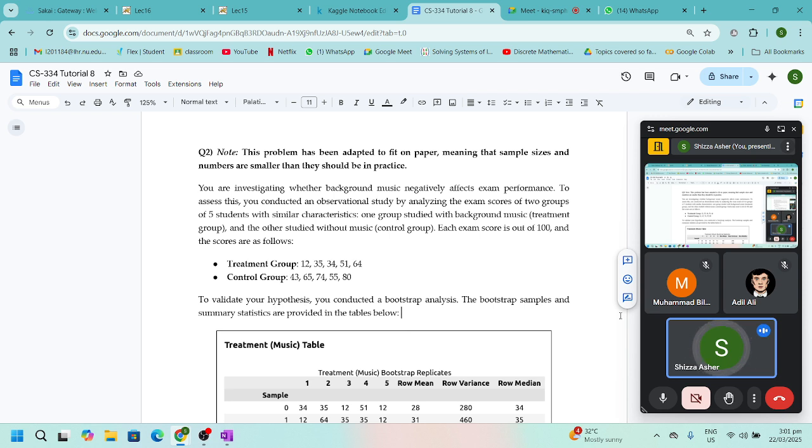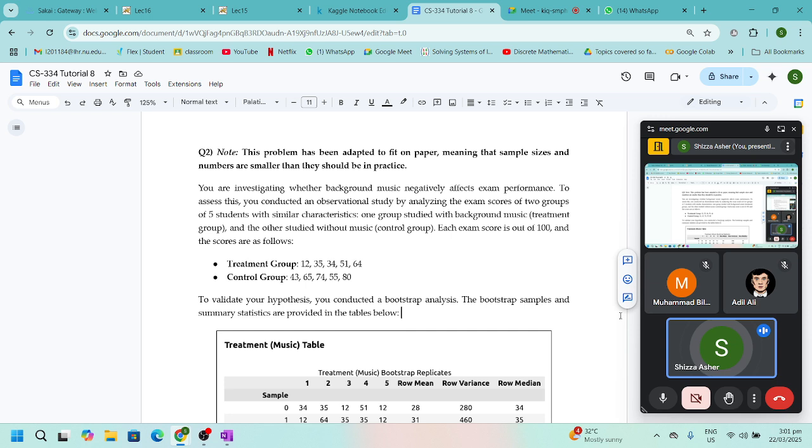The law that we follow over here is the law of large numbers. So you say that essentially if your sample size is big enough, then the subsamples drawn from that sample will resemble the original population anyway. So you have the treatment group and the control group over here.